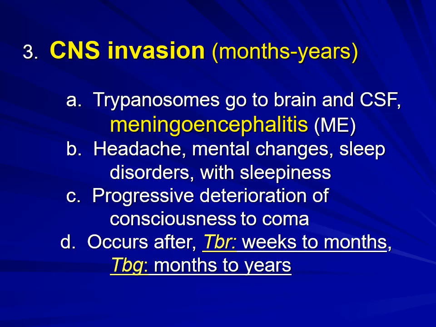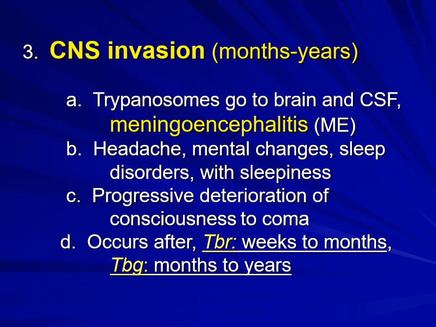It produces clinically headache, mental changes, sleep disorders with sleepiness, hence the sleeping sickness, progressive deterioration of consciousness to coma, and this occurs rapidly within weeks to months with the more severe, more rapid rhodesiense variety, and slower, taking months to years with the gambiense variety.